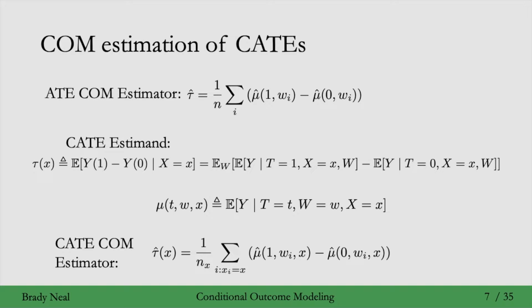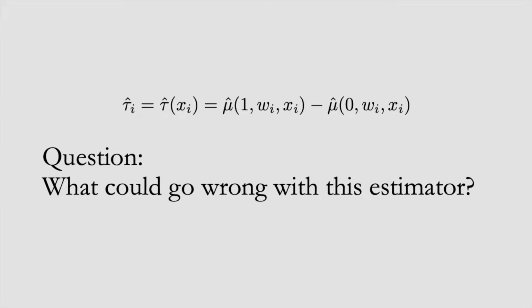And similarly, this n sub x here is the number of such samples in that sum. If there's only one sample like that, you could still use that as the estimator for that CATE. And you could even call it an estimator for the corresponding ITE, the individual treatment effect for that example. And the first question of this lecture is, what could go wrong with this estimator?